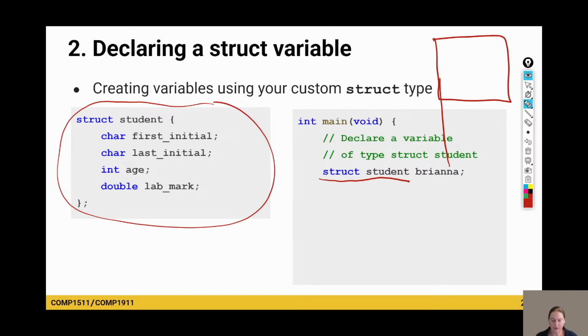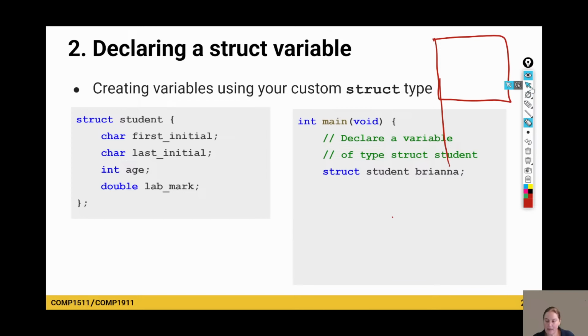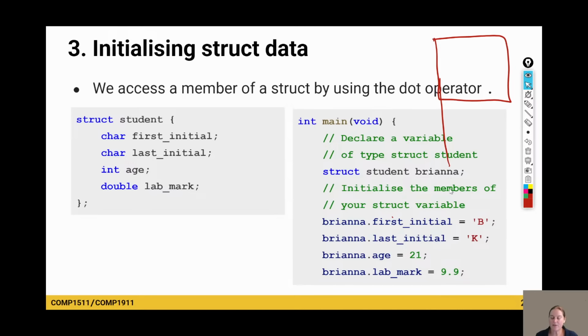Just to compare it to what we usually do, usually we might write a type like int and the name x, where this is the type and x is the variable name. Here, struct student is the type and Brianna is the variable name. Now once we've got this variable, we might want to put data in it. This is how you can put data into your variable.